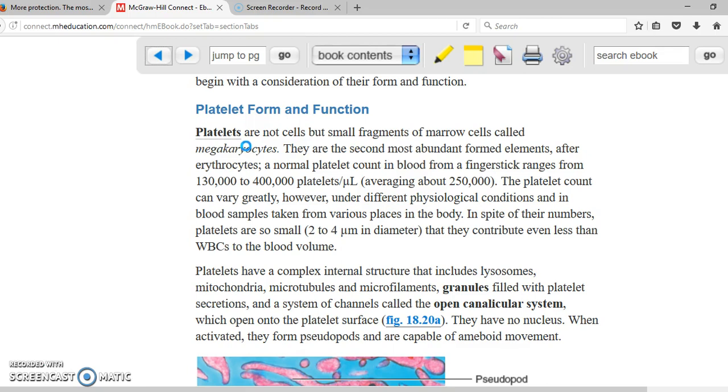A megakaryocyte is a big cell, and this cell is going to break into pieces, and the pieces are going to be the platelets. Imagine that the megakaryocyte is a cookie. The platelets will be cookie crumbs. The total number of platelets is approximately 150,000 to 400,000 per microliter, as you guys can see here again.